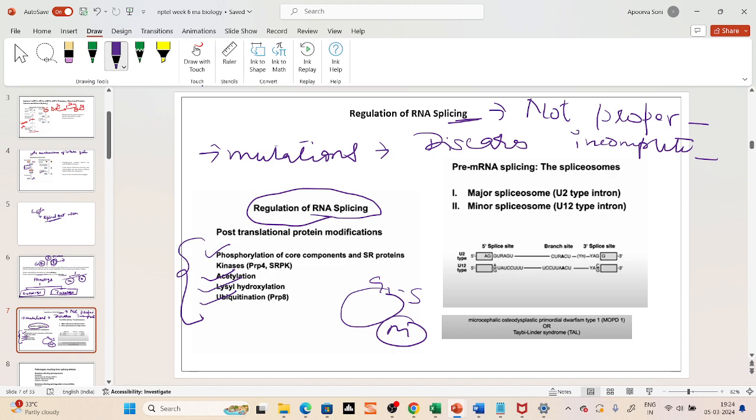As I told in the last class, both have the same function. It's just that by default, the major spliceosome works for splicing, which involves U2 type introns, and in some cases the minor spliceosome comes into action.